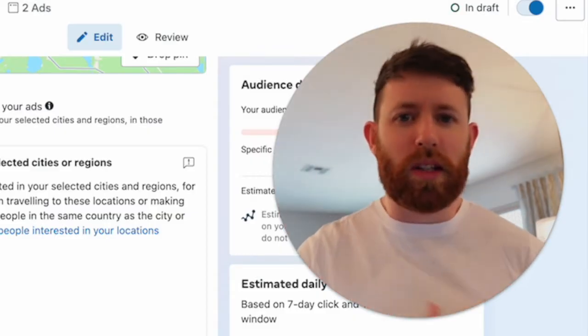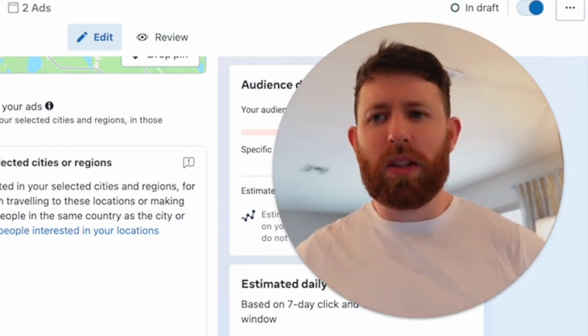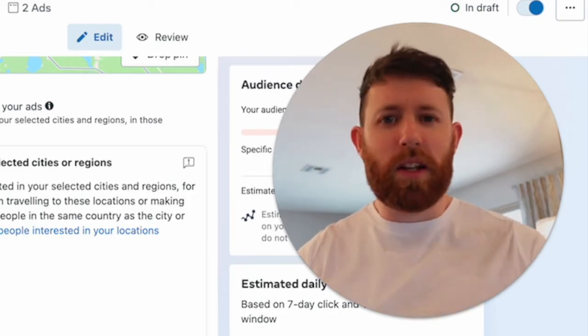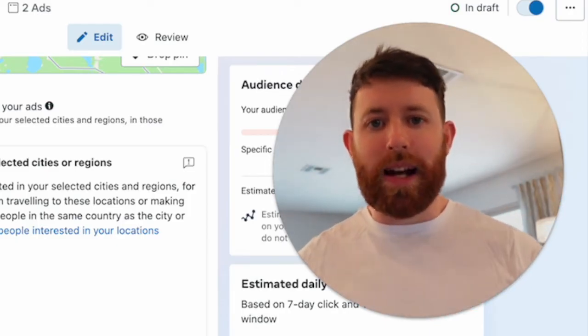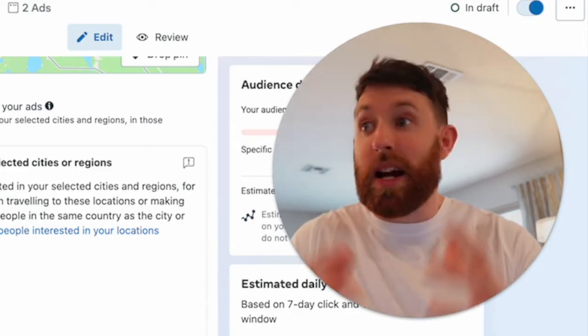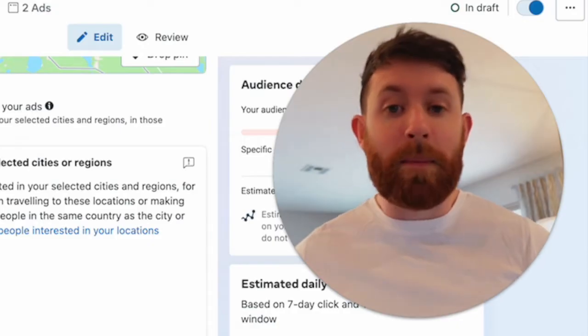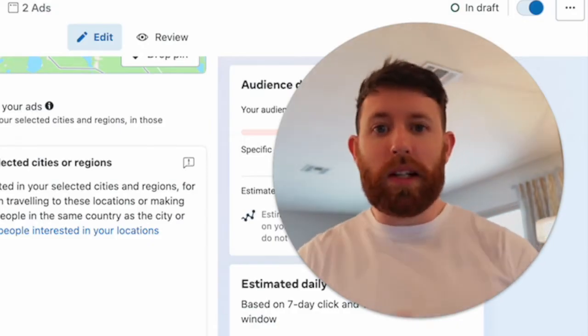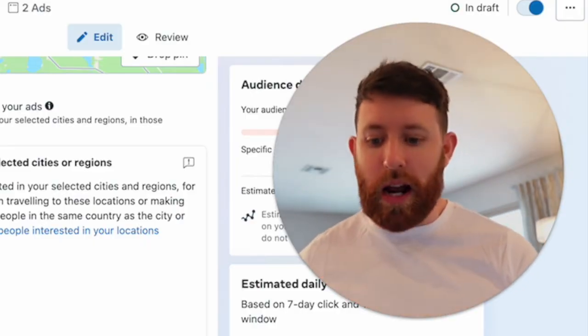Our experiment showed that could lower the cost per lead by 4%. And so they thought, well, that makes sense. Facebook's telling me to do it. Hit apply. Now they don't have 5 ad sets. They have 1 ad set. Everything's bundled together. They no longer know which audiences are working and which are not. And they suddenly say, my cost per lead has absolutely shot up. What's happened? And we've had to recreate their campaigns from scratch.